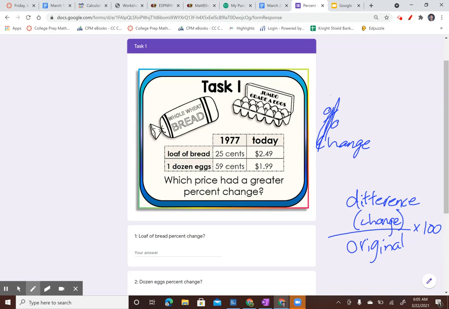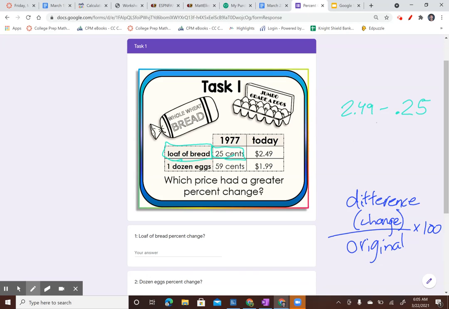So here, if I'm looking at the first example, we'll go ahead and start with the loaf of bread. I'm going to be doing the change between $2.49 and 25 cents. Now, how do I write 25 cents as a decimal? Like I have 2.49 for my $2.49, my 25 cents is going to be 0.25 there.